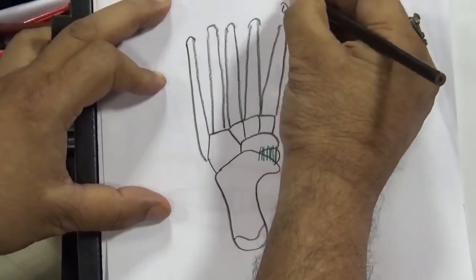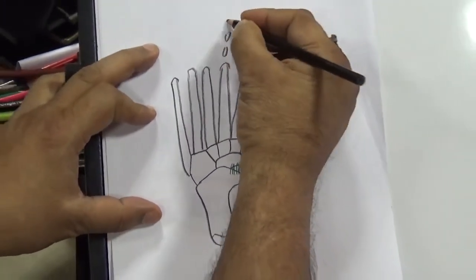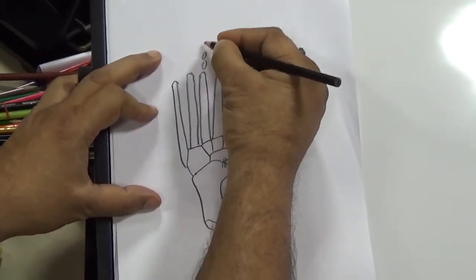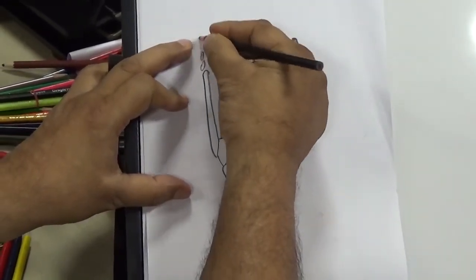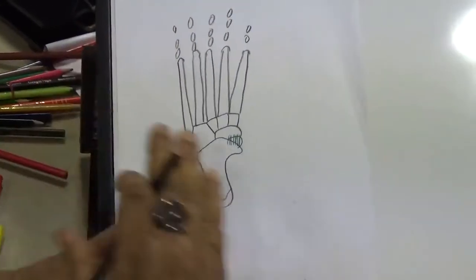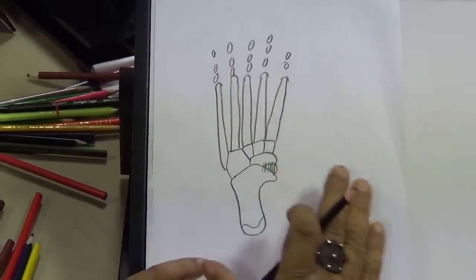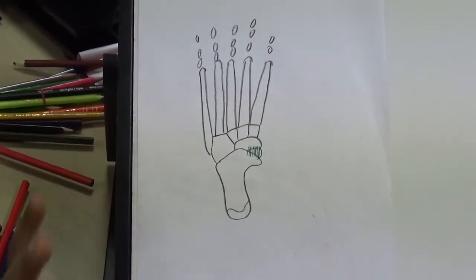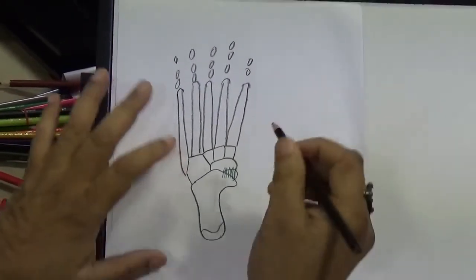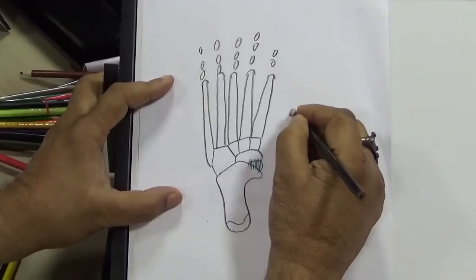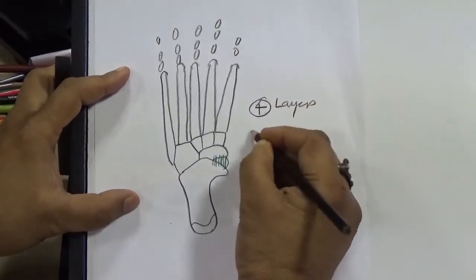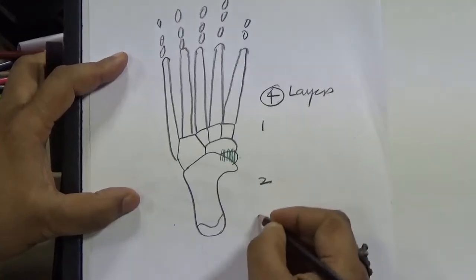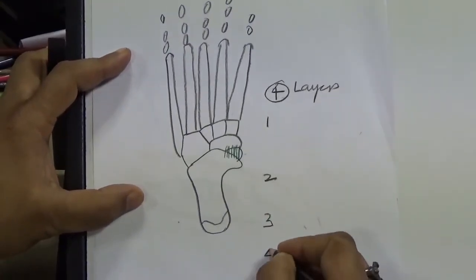So this is the diagram that you must learn to draw. The sole consists of 4 layers: the first, the second, the third, and the fourth.